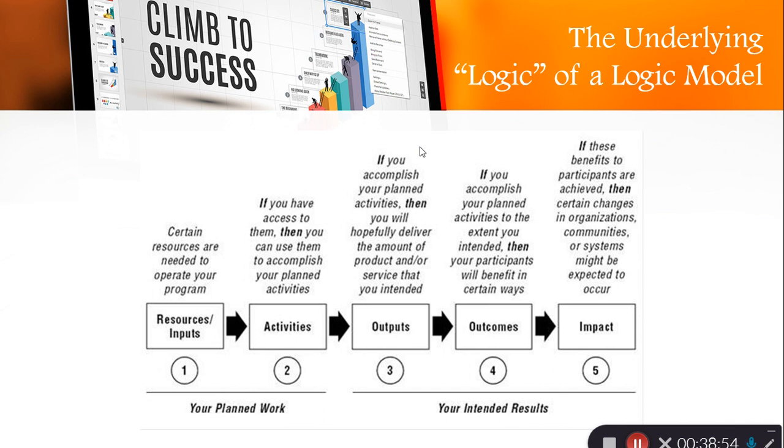And again, in turn, if you accomplish your planned activities to the extent that you intended, then your participants will benefit in certain ways. And if these benefits to participants are achieved, then certain changes in organizations, communities, or systems might be expected to occur. So this helps to understand how all of the various different parts of a logic model fit together.